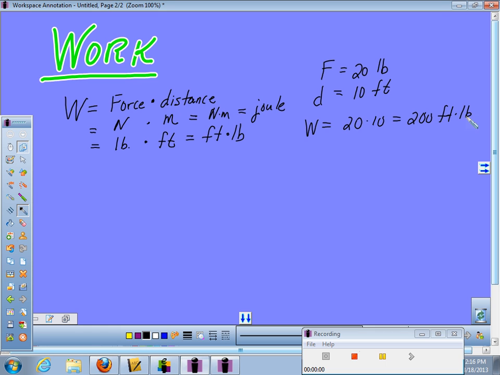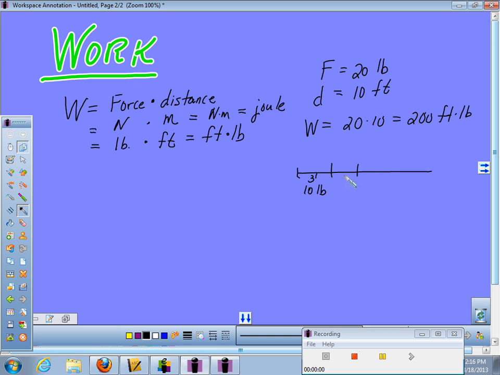Well, with calculus, we don't have to have constant forces. We can have our force vary. I think that makes it harder. So when our force varies, our force is going to be some function. For example, for the first 3 feet, I could apply a force of 10 pounds.